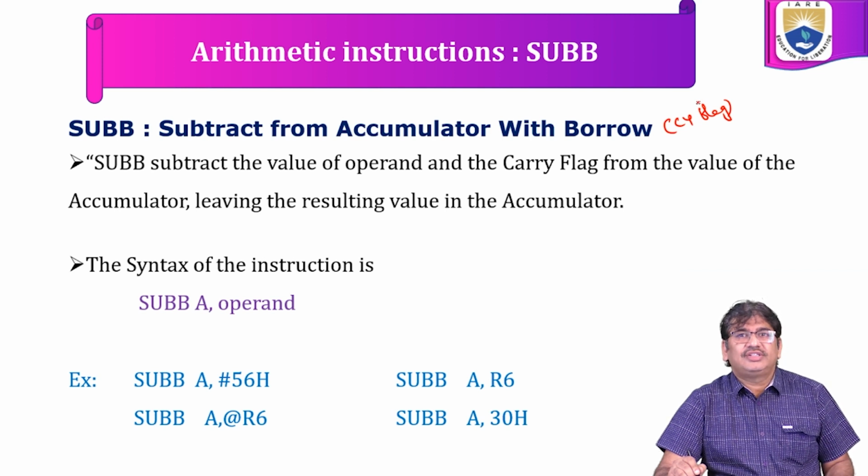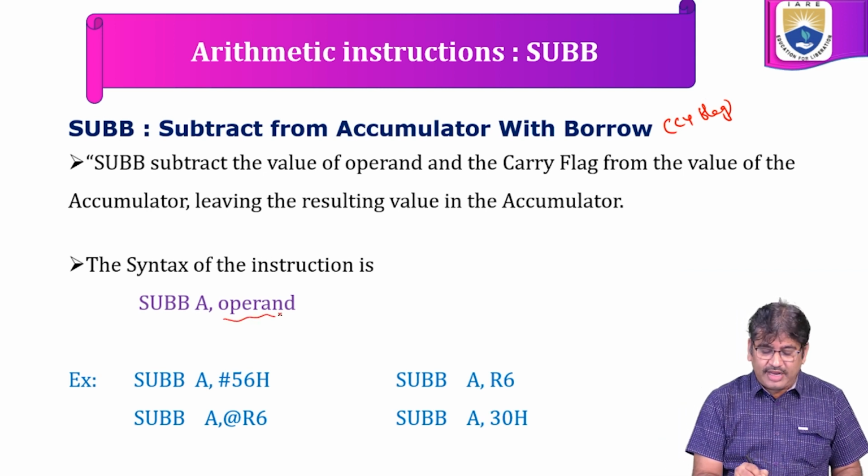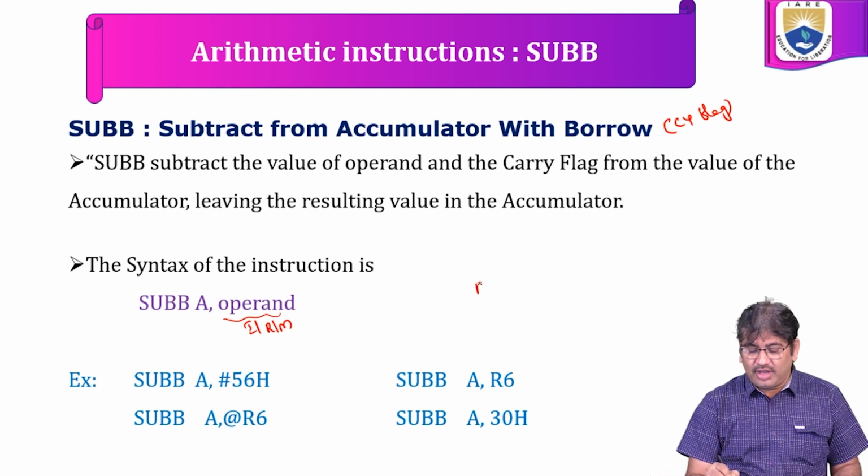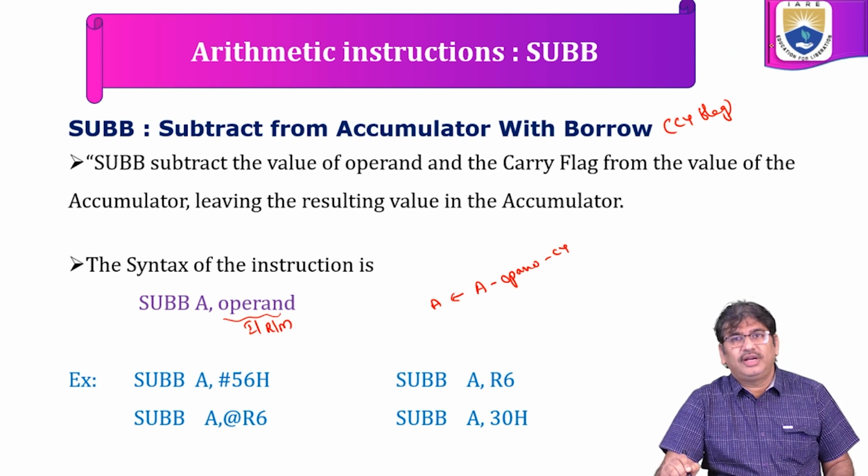The syntax of the instruction is SUBB A, operand. Here, the operand can be an immediate data or register or memory location. The contents of the accumulator are subtracted by the operand value minus the carry flag, and the result will be stored in the accumulator.